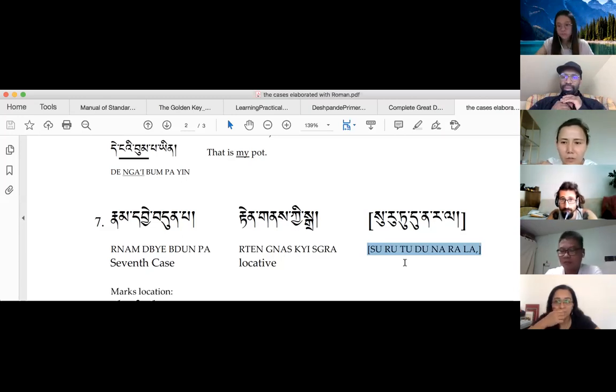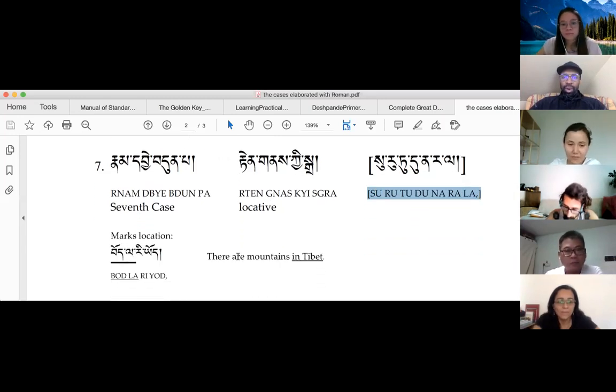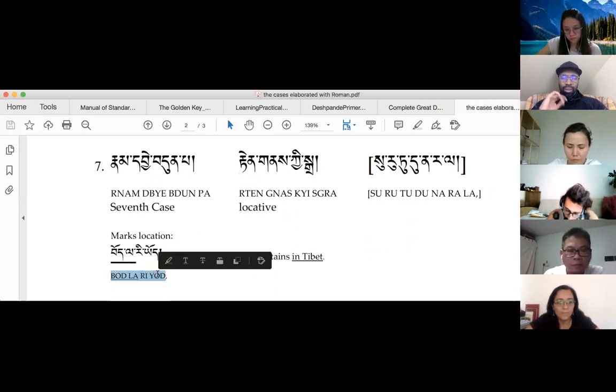So ladun will mean meaning of the la. No, they all mean the same thing as la. All these particles mean la. Exactly. So it can also mark where you are, right? Pula riyu. There are mountains in Tibet. Or where are you?